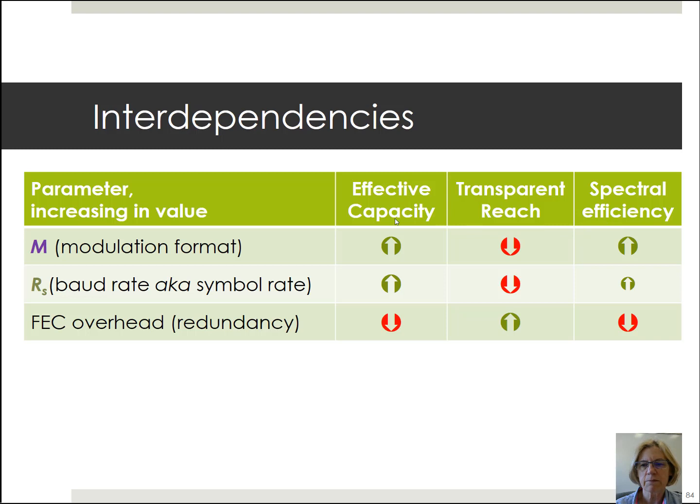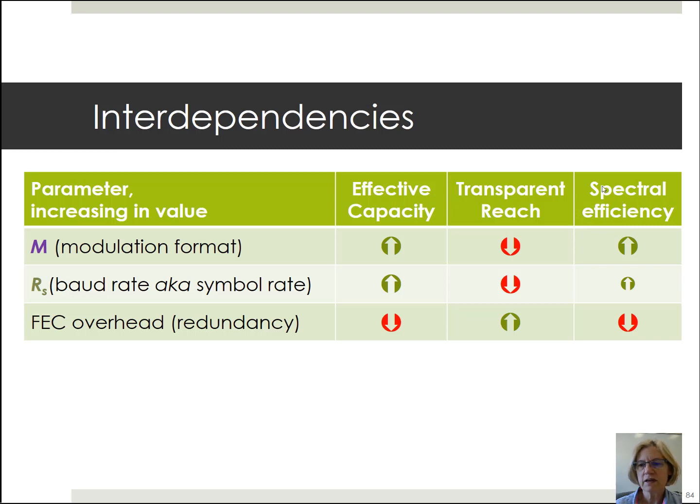And that was the effective capacity, how many bits per second in the end could be put through; the transparent reach, how far this signal at this rate could go for a certain threshold on performance, on the quality of the signal; and what kind of spectral efficiency could be achieved, how tightly could I pack these channels.